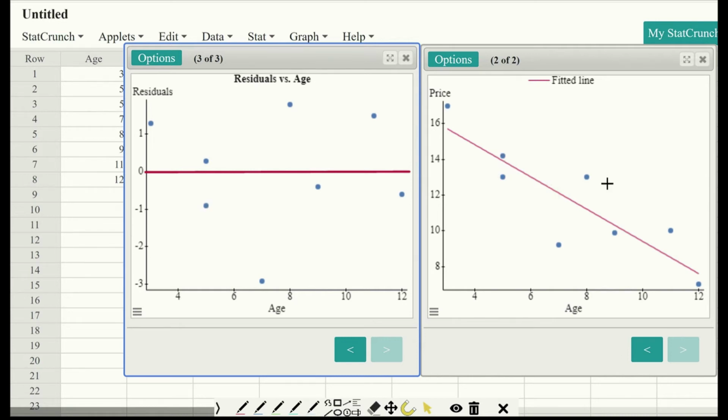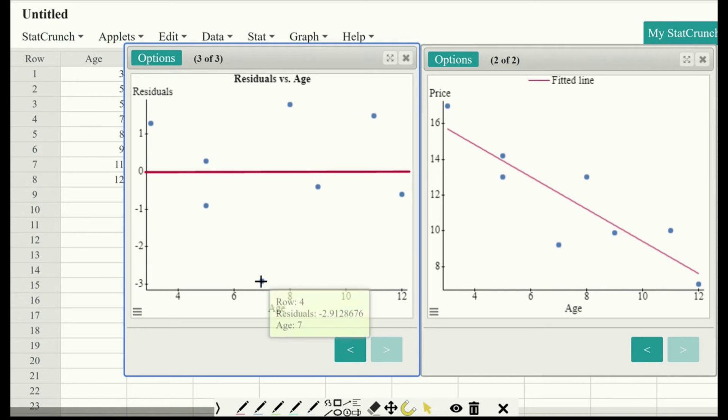So moving on to the right, we have a 7-year-old car here priced less than what the model would predict, right? So right there, and there we have the point right here.